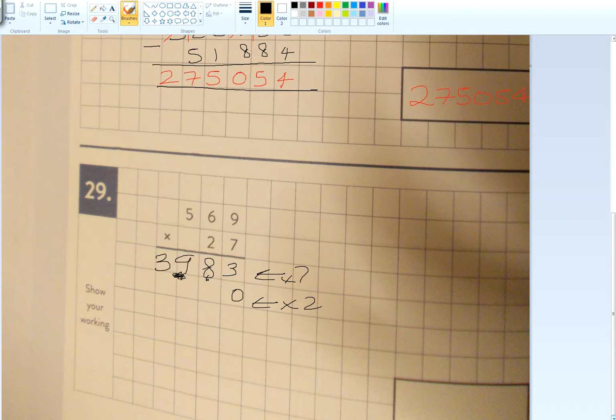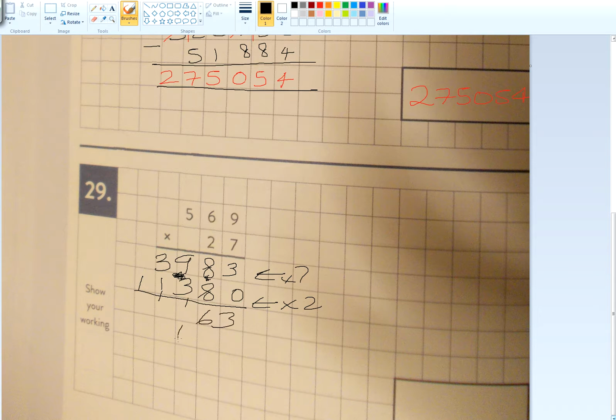And then 9 times by 2 is? 18. And 6 times by 2 is 12, add 1 is? 13. And 5 times by 2 is? 10. 10, add 1 is? 11. Let's add them up. Hang on a second. Let's try to get a line down here.